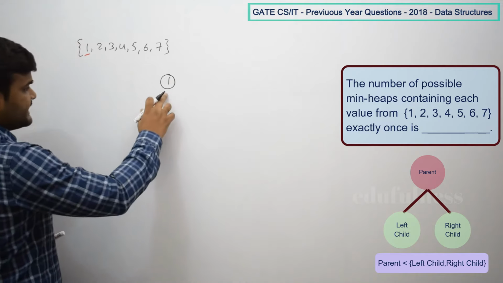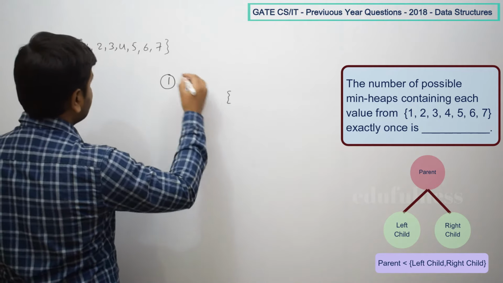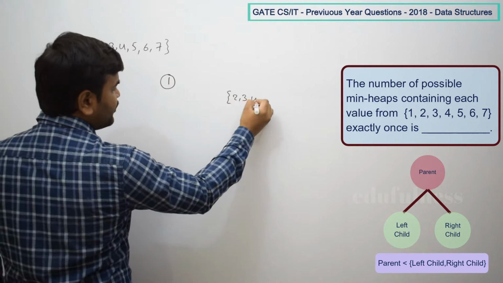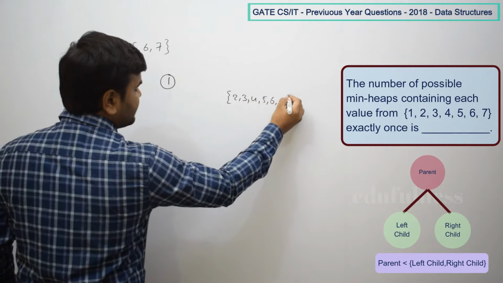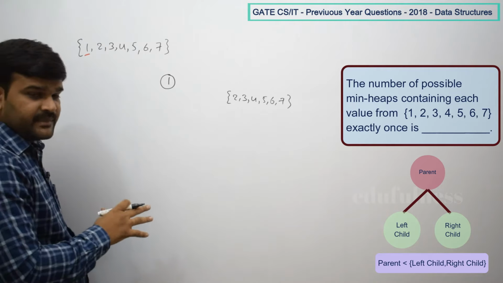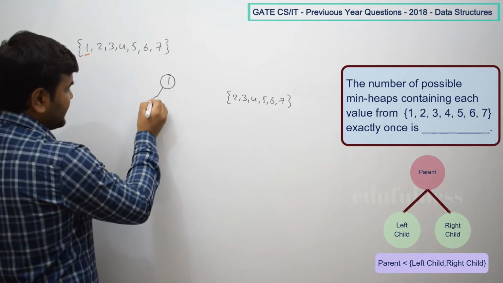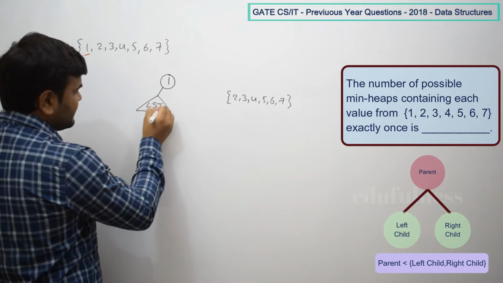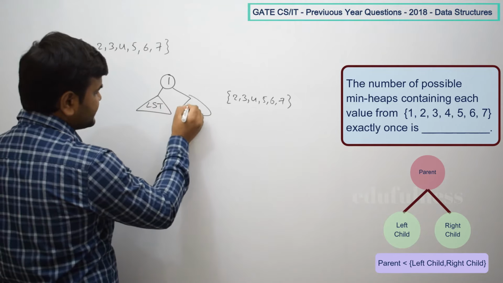Now after 1 is selected, how many vertices are there? 2, 3, 4, 5, 6, 7. So a total of 6 elements. Since this is a min heap, 3 elements are in the left subtree of 1 and 3 elements are in the right subtree of 1.